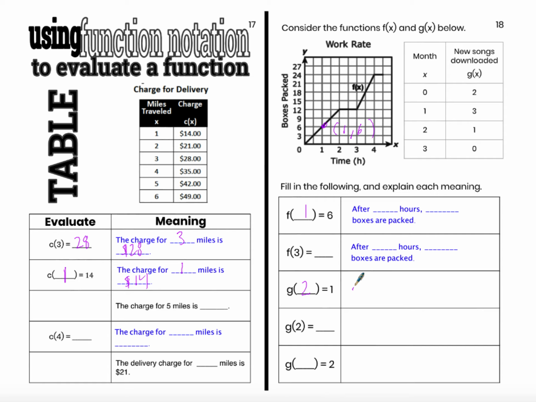This is saying after 2 months, 1 new song is downloaded. Whereas when we're looking at F, we're looking at a relationship between time and boxes packed. So after 1 hour, 6 boxes are packed. So just please pay attention to what variables are representing the input and what letter is representing the function name.